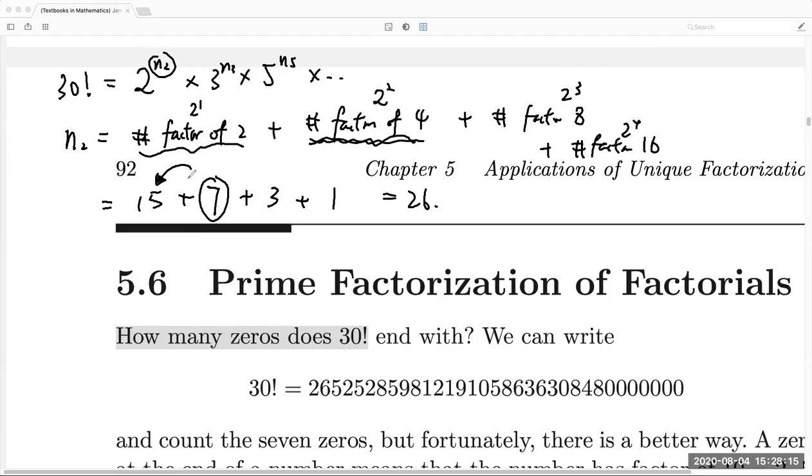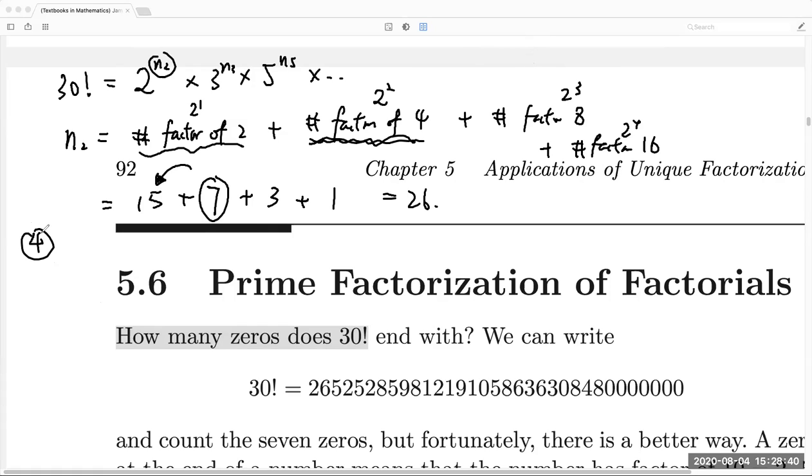Yeah, that's what I'm saying. Won't you be double counting, or even triple counting, a few numbers? No. Let's say we have the number 4. Number 4 is a multiple of 2 and a multiple of 4.